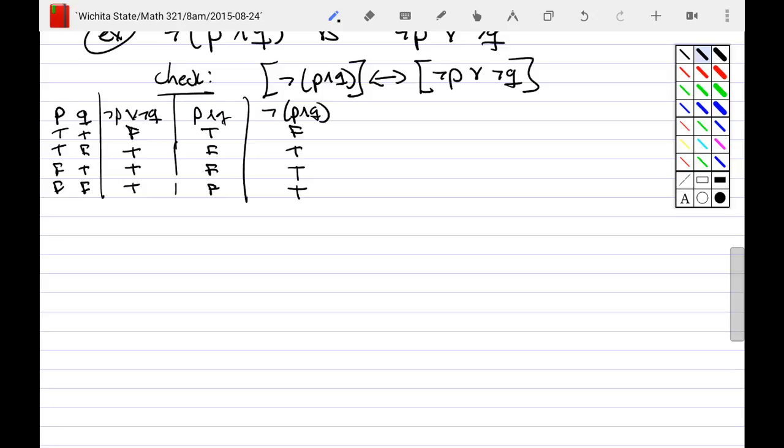So you go to that one extra step and show the whole not (P and Q) biconditional with not P or not Q. Then you would say, okay, false if and only if false is true, true if and only if true is true, true, true. That's a tautology.